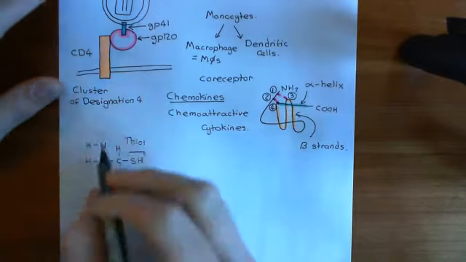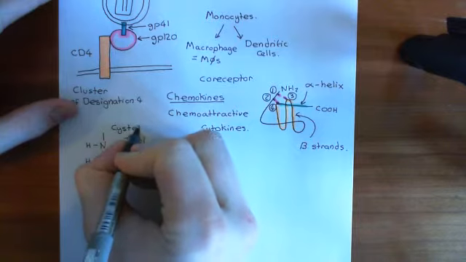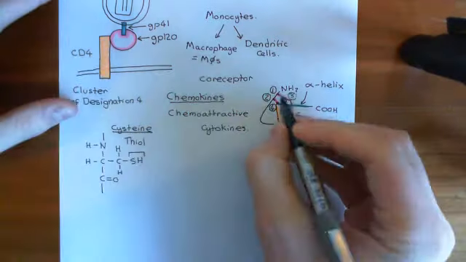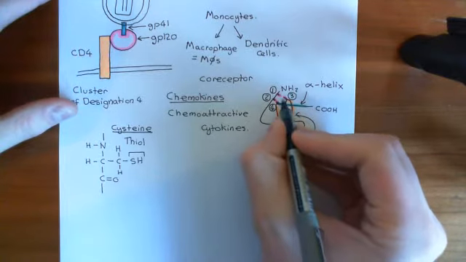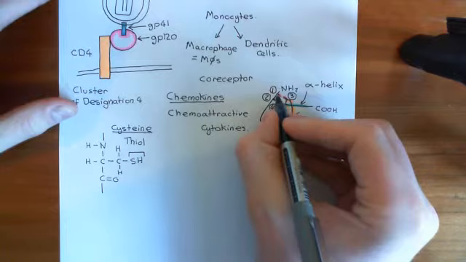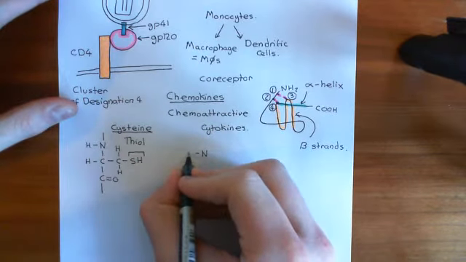Okay, so we have these cysteine amino acids at position 1, 2, 3, and 4 within our chemokine. Okay, and what can happen is these cysteines can bind together, and let me show you this. So I'll show you it as though we're talking about cysteine 1 and cysteine 3. So let me draw some more cysteines out.